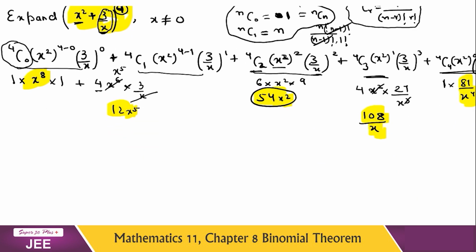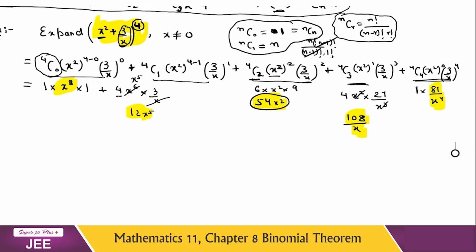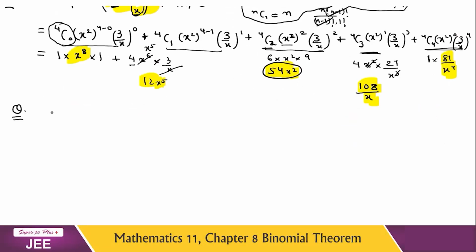Now let's do a question which is based on the logic of binomial. Question says, which is larger? Which quantity is larger between 1.01 raised to the power 10 raised to the power 6, and the other number is 10,000.